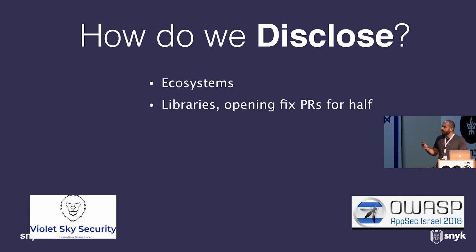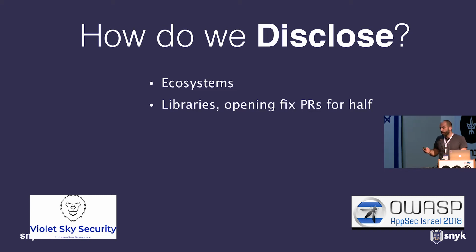And next step, we reached out to the actual libraries that were vulnerable. In many cases, these were very popular but unmaintained libraries. So we opened fix pull requests to about half of them.